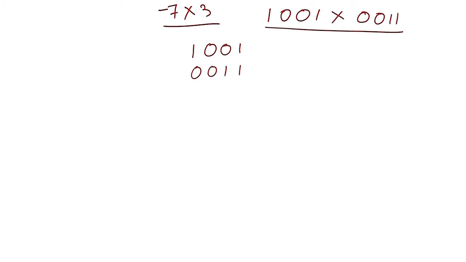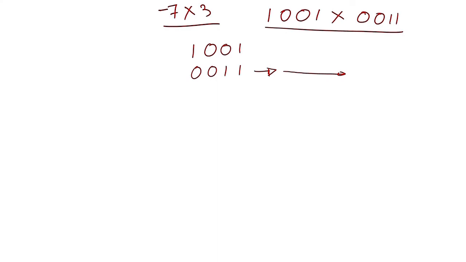This multiplier will be converted to the corresponding Booth's recoding of the multiplier. What is that?